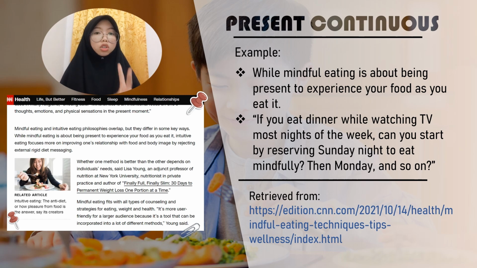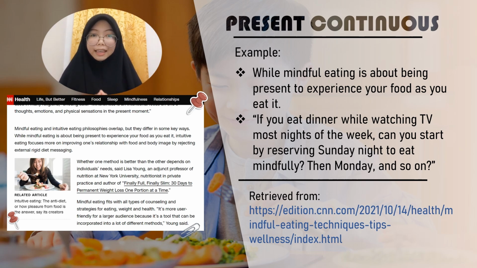As you can see, there are two examples I have given you in the slides. The first one, "While mindful eating is about being present to experience your food as you eat it," they use "mindful eating" as the subject of the sentence, and they use "is being" as the verb for the sentence. Now, the second example.